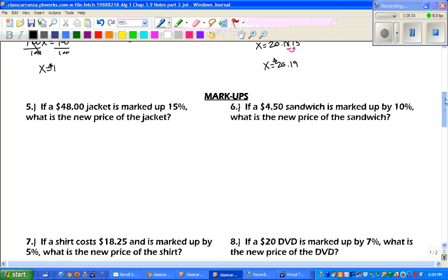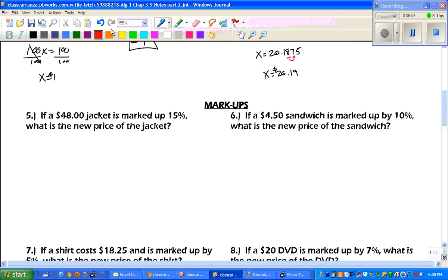All right, let's move on down to markups now. Markups are very similar. First thing that we need to do is to find the percent, and instead, not find the percent, find the discount.